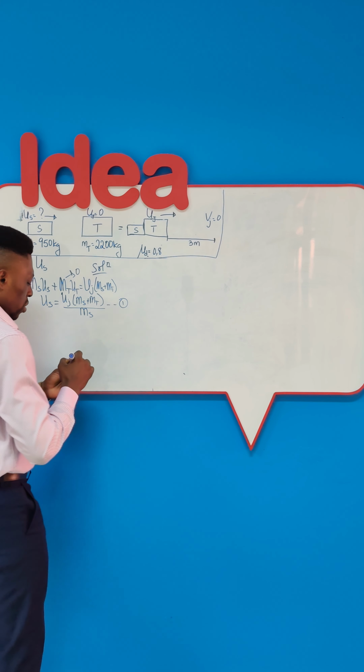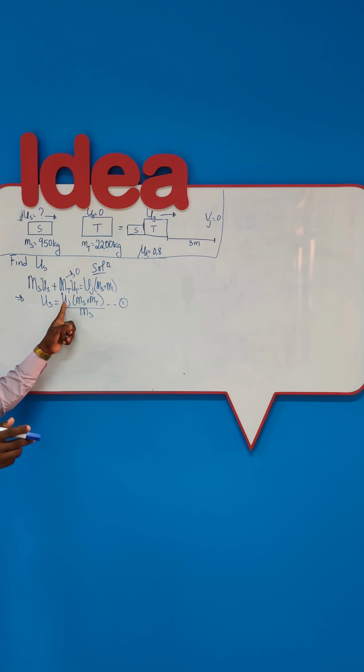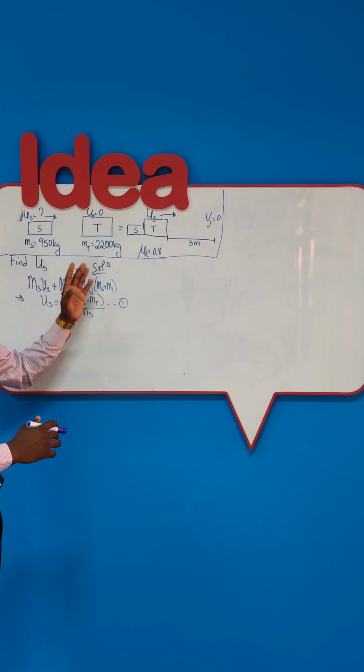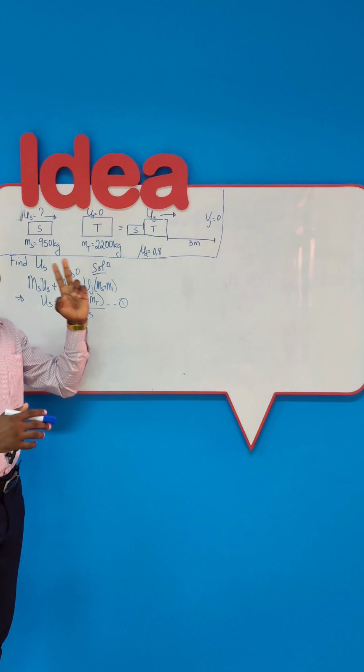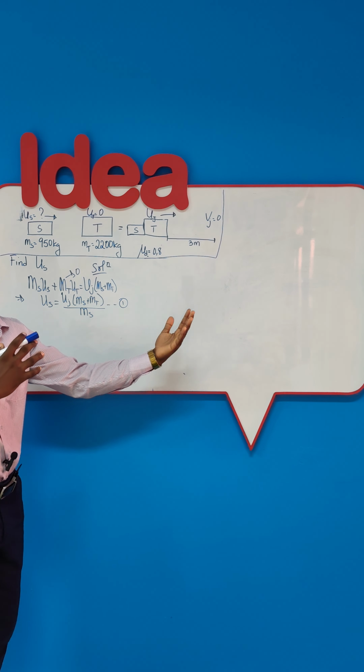We can call this equation 1. Notice here that we don't have the joint velocity, which is the velocity after the collision, and we need to obtain it. Now to do this, we will have to divide our motion into two phases, the collision phase proper and then the post-collision phase.